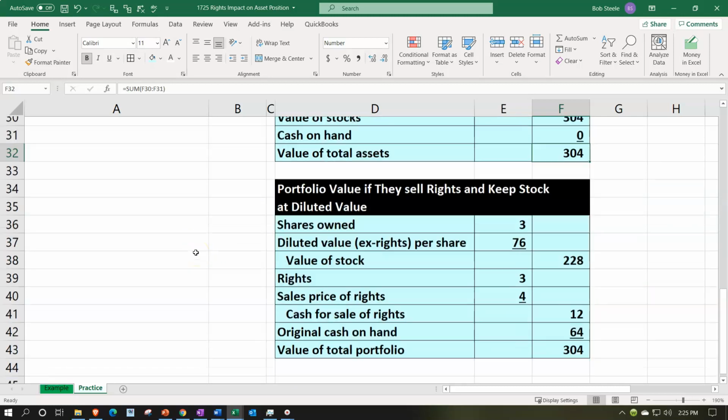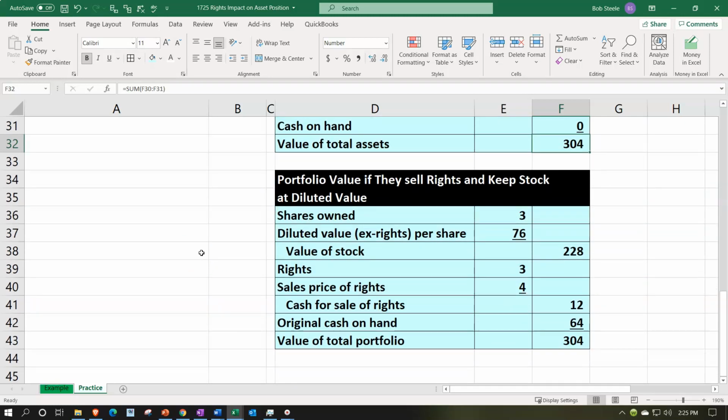If we then do not exercise the option, we still have an impact on our portfolio, not on the bottom line, possibly, but there's still a difference in what happens, right? Our 3 stocks are now only worth 76 for the 228, and then the rights, if they are sold, we have the $12. So now we have the cash on hand, which is going to be the 64 and the 12, or the 76, to get us to, once again, that 304.